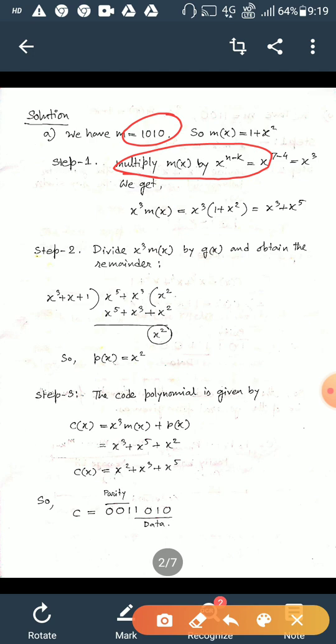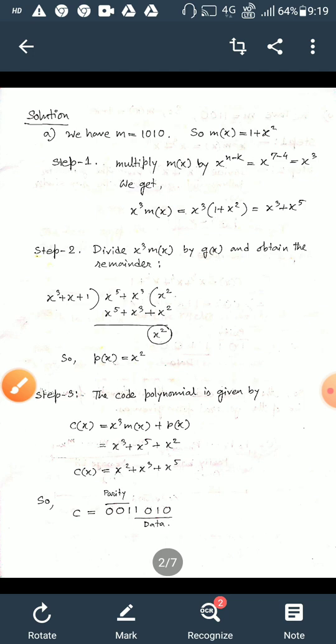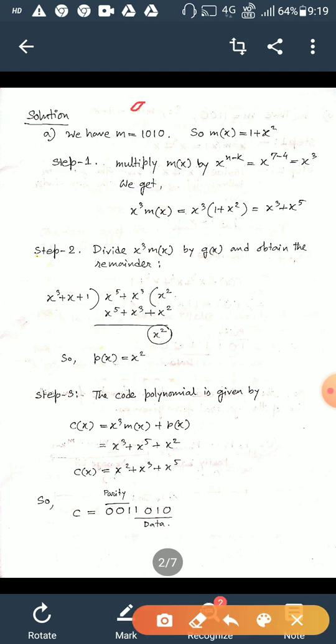The position values for 1010 are: the first one is position 0, then 1, then 2, 3. That means the first bit is at position 0, and for the last 0 the position is 3.